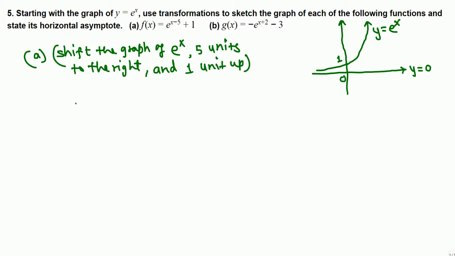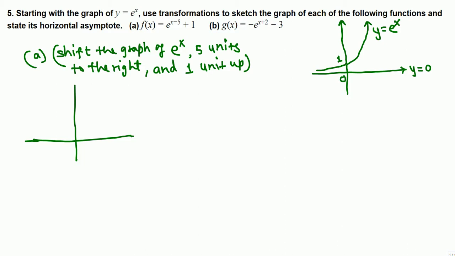Okay, now we can graph that. Okay, it's not nice. Let me try one more time. So we shift 5 to the right and go up.